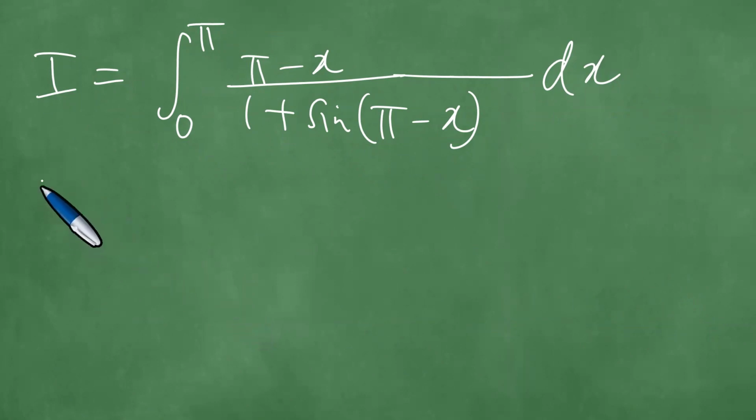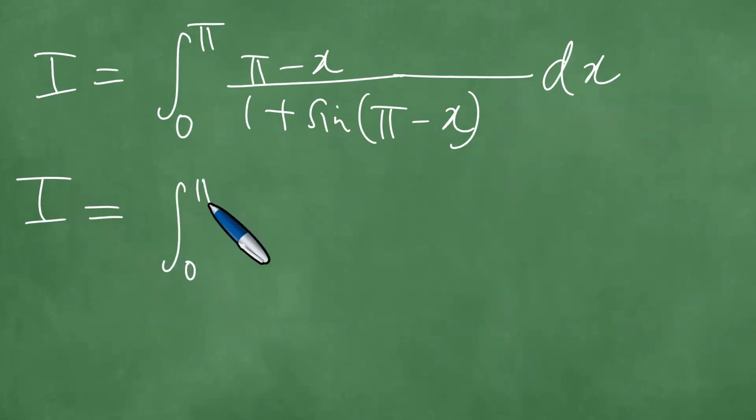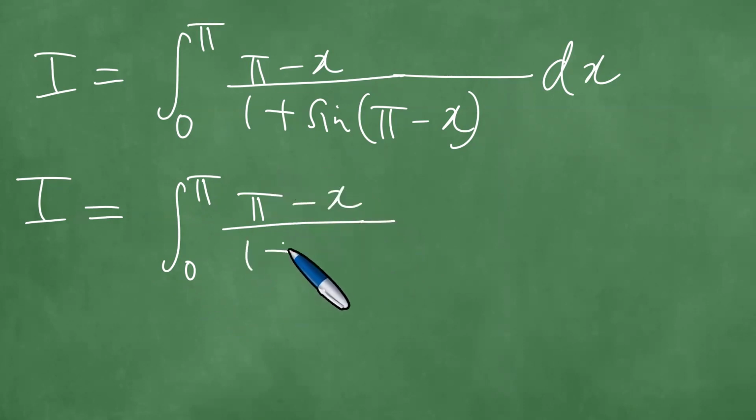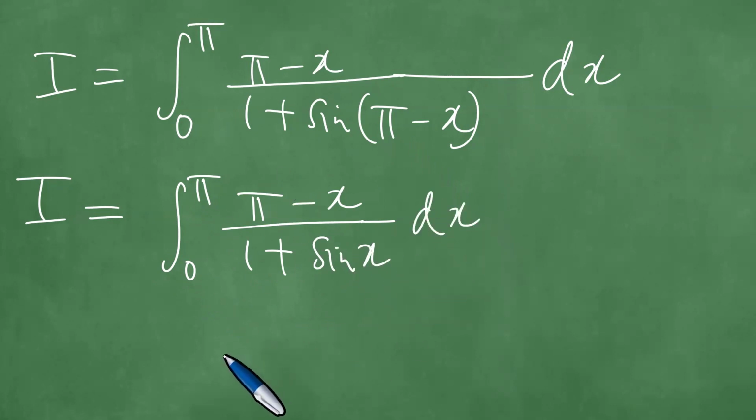Now in the end, what we're getting is as follows. It becomes the integral of pi minus x divided by 1 plus the sine of pi minus x. Now pi minus x is an angle in radians which is in the second quadrant, in which the sine is positive, and therefore this is what we get. We can distribute these things here.